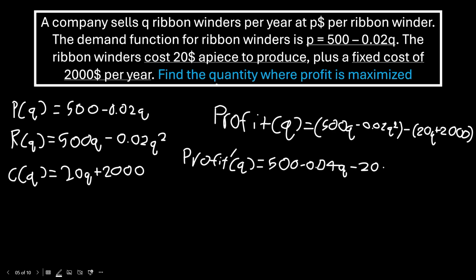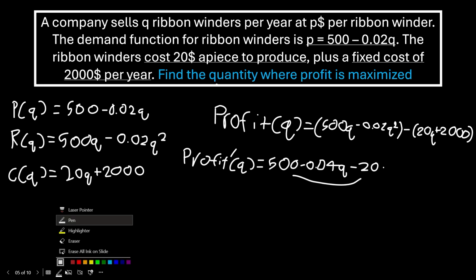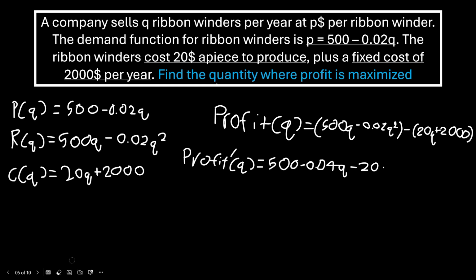That's it. We then combine like terms, and what we should get is 480 minus 0.4Q.